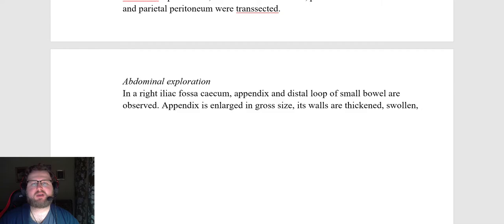It's in a state of hyperemia. And if this is a destructive appendicitis, in most cases it's covered in fibrin. Sometimes, if the destructive process is advanced, appendiceal wall may carry signs of partial necrosis.